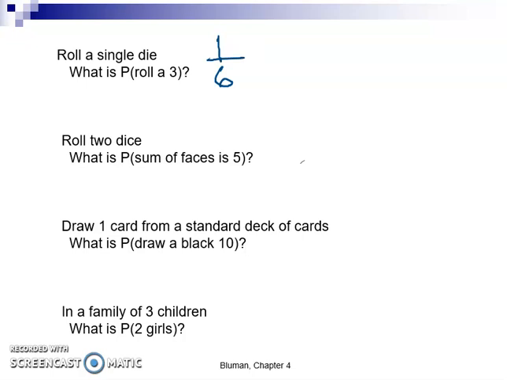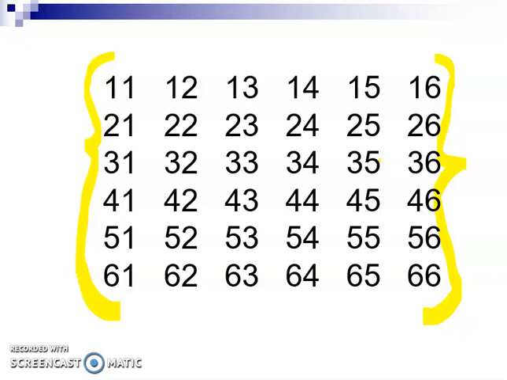If I roll 2 dice, what is the probability that the sum of the faces is 5? Well, that's probably where I'd go back and look at my 6 by 6 array. Going back to this, I'm looking for the sum of the faces to be 5. So I add 1 and 4 together. That's 5. 2 and 3.